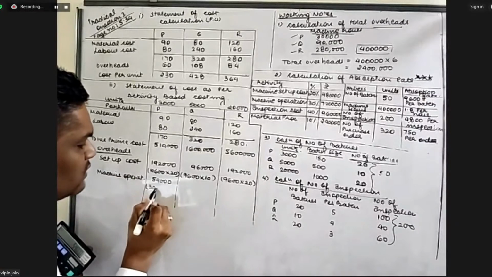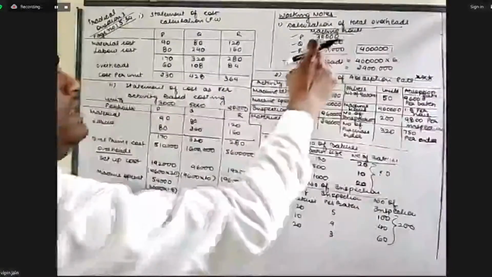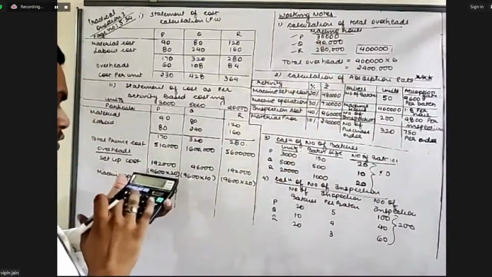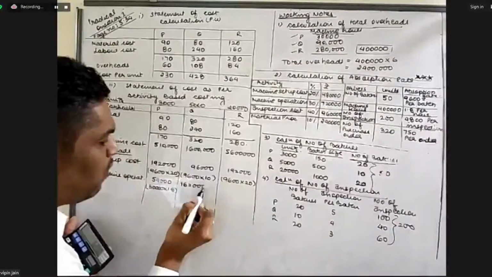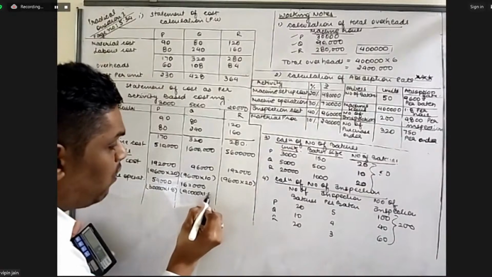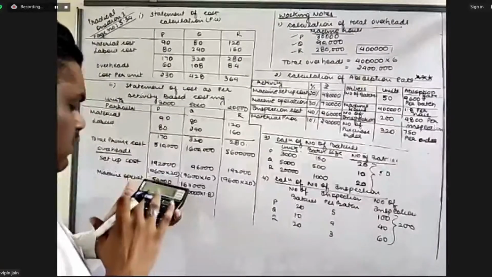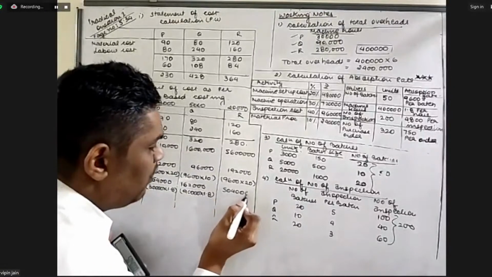Similarly, 90,000 machine hours into 1.8. So this will be 1,62,000. And 2,80,000 into 1.8. So this will be 5,04,000.